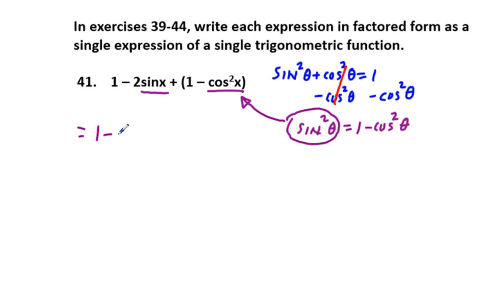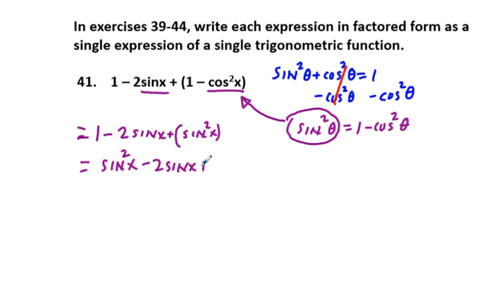So we're going to get 1 minus 2 sine x plus sine squared x. We can rewrite this expression in standard form by putting the quadratic term up front: sine squared x minus 2 sine x plus 1.